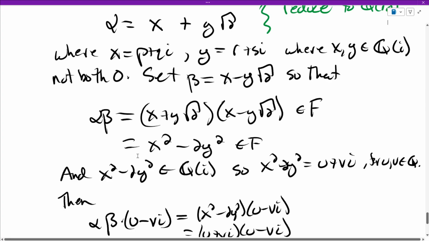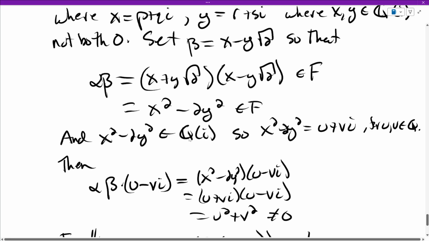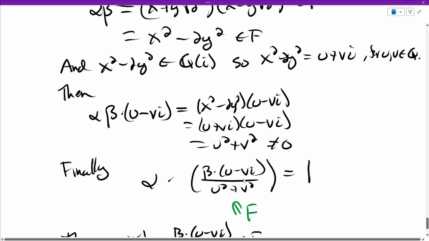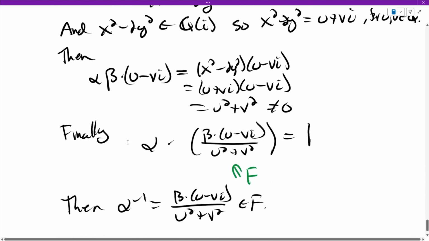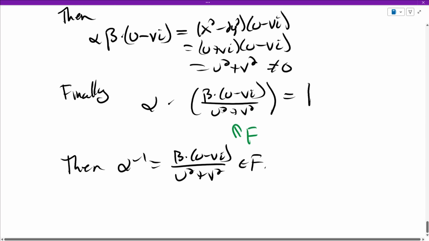So these guys are in Q adjoin I. All right, so then we do that step again. We've now reduced to a Q adjoin I step, and we multiply by a conjugate expression. And when we do that, what do we get? Well, we get what we want finally. We've gotten rid of the root 2, and this part gets rid of the I. Now we're left with just a rational, and we know how to divide by rationals. You put 1 over them.